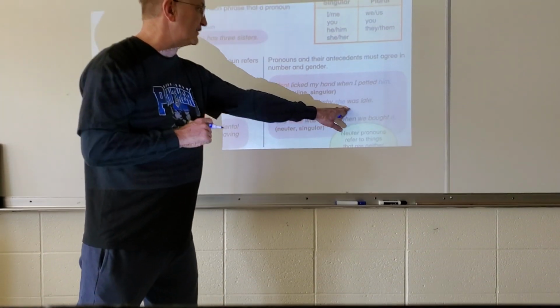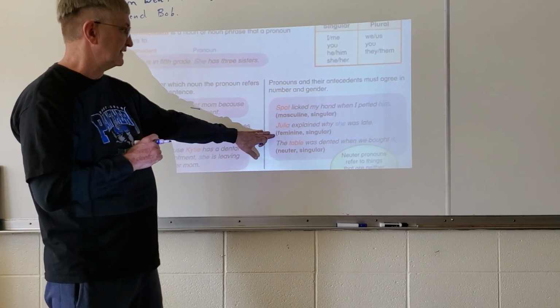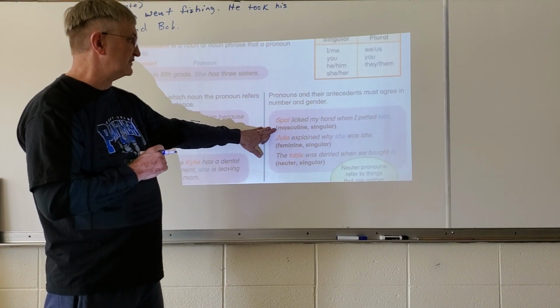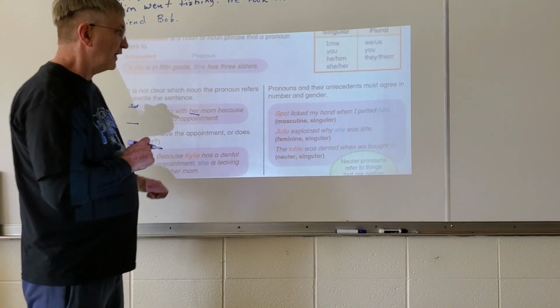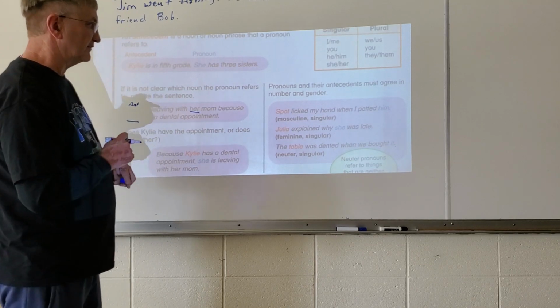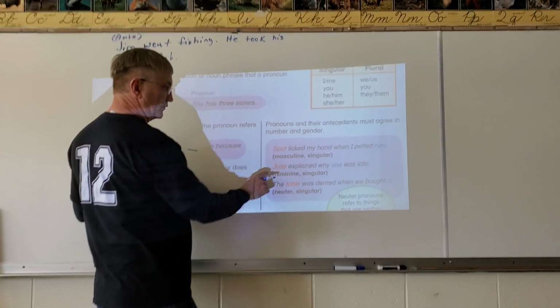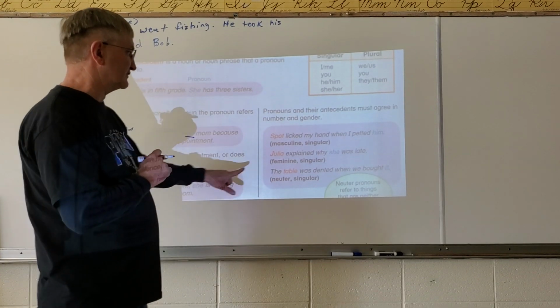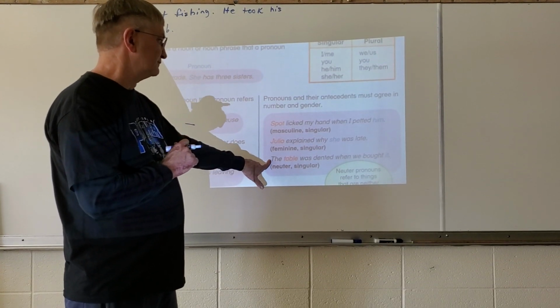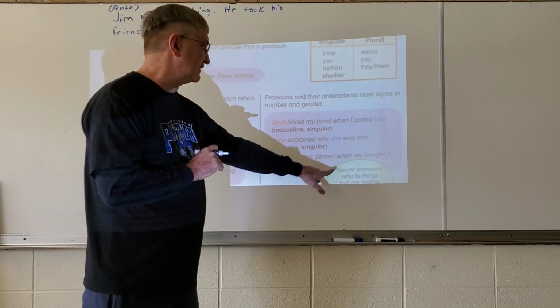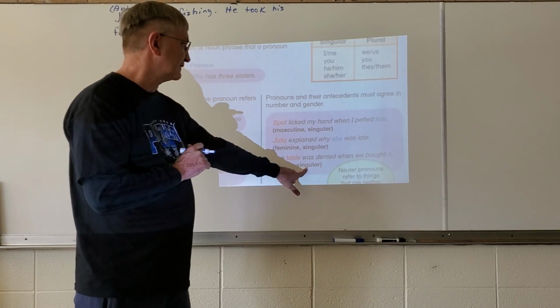Julia explained why she was late. Okay, masculine singular, and we have feminine singular. Okay, masculine singular, and like I said, we'll get into those here in a second. The table was dented when we bought it.